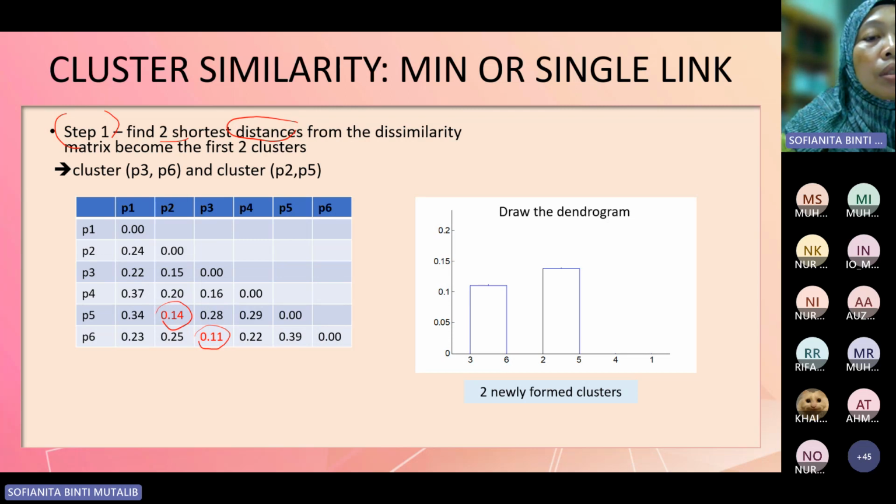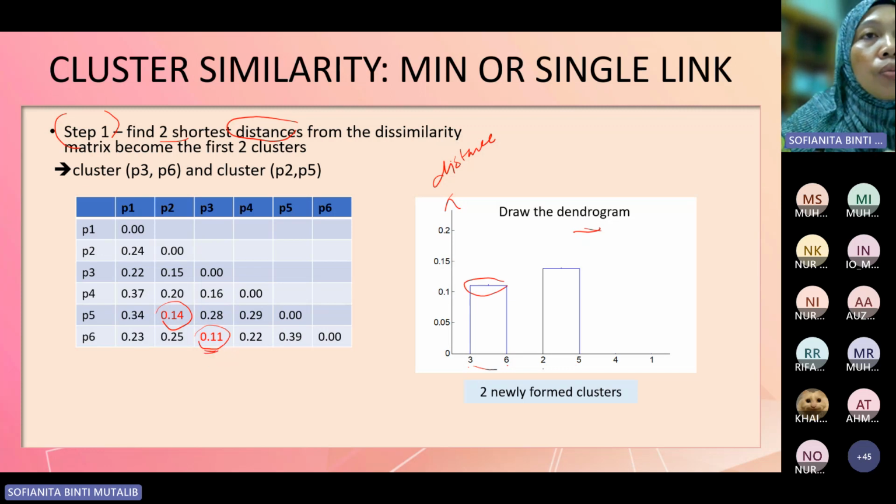Okay, so we can already create what we call the dendrogram. So 3 and 6, and 2 and 5. Here again, this is distance. So how are you going to get the distance values?